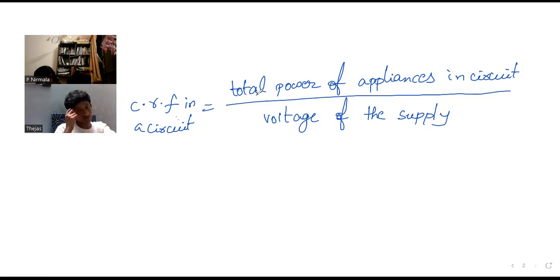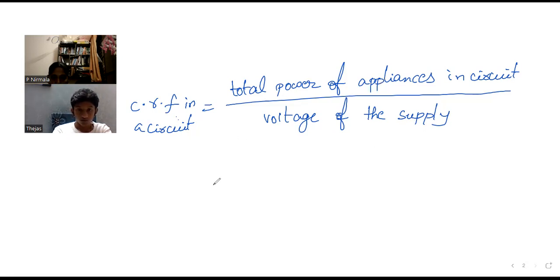The live wire connection of the appliance can be touched if the switch is in the off position. Only in the off position can we touch the live wire, because otherwise current flows. Both the live and neutral wires connected to the appliance are at zero potential. This is important.